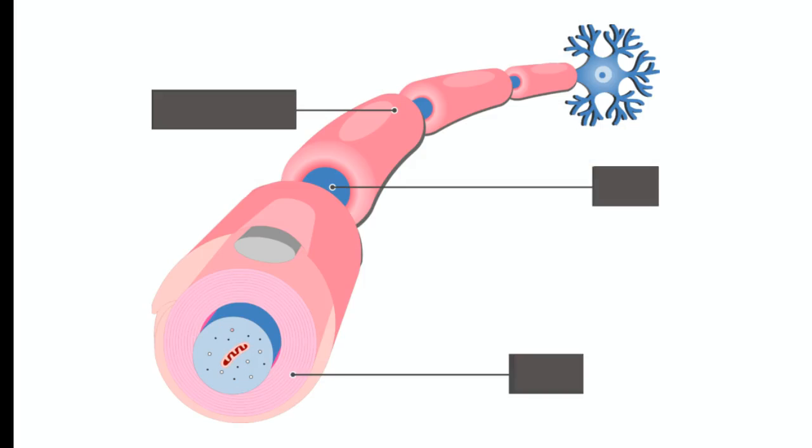But on actual nerves, if we were to look at them on cross section, what we'd see in the center is the nerve itself, and that's called an axon. And then that axon is wrapped in a fatty-like material that's called myelin. And in the peripheral nervous system, that myelin is produced by a specialized cell called a Schwann cell. Now, in the peripheral nervous system, nerves that are heavily wrapped in myelin conduct their electrical signal faster.